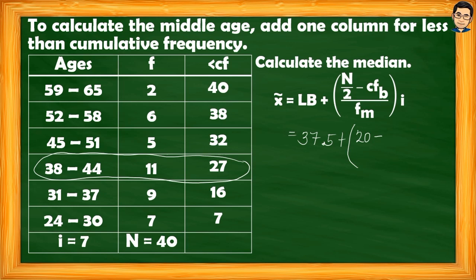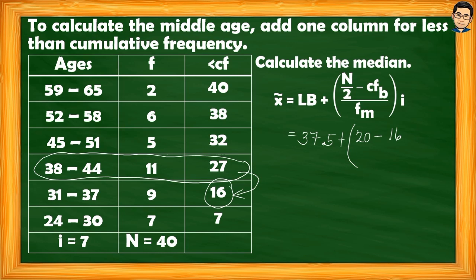So, yung sa ibaba po ng 27 is yung 16. So, ibig sabihin, yung cumulative frequency before the median class is 16. So, 16 po ang ilalagay natin. Tandaan natin, kapag na-locate na natin yung median class, pupunta lang tayo sa ibaba, yung next na kasunod niya. Hindi yung pinaka-ibaba, yung kasunod niya mismo na nasa ibaba.